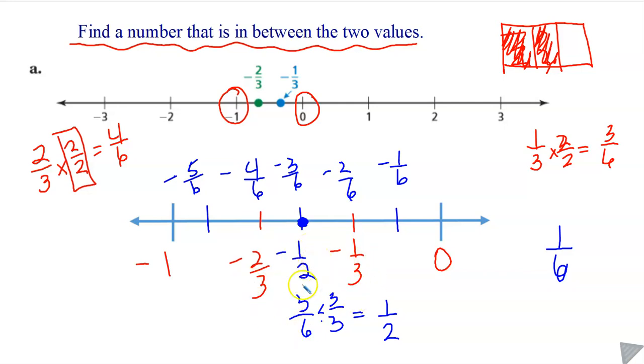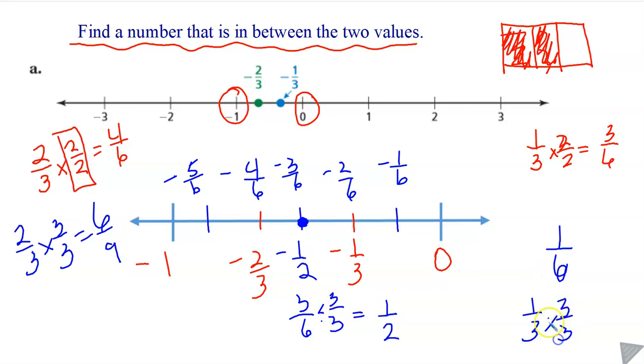Now I could make bigger pieces, right? I could have taken the 2/3 and multiplied by 3/3 and gotten 6/9. I could take the 1/3 and multiply by 3/3 and I would get 3/9. So I'm just trying to give you some other ideas. So the 3/9 is here, -3/9.